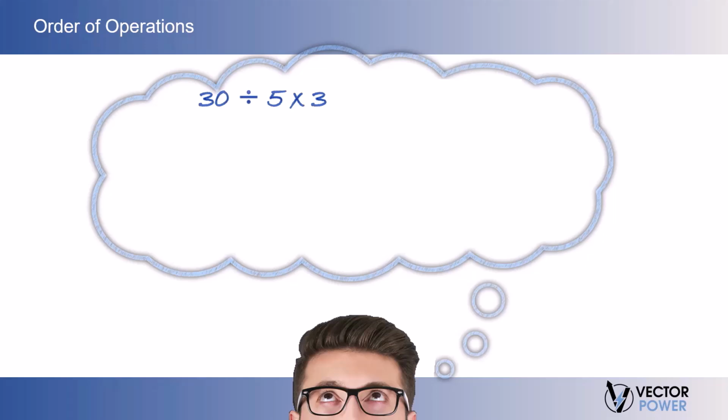Division and multiplication, we work from left to right. So, starting with this problem, we would work from left to right. 30 divided by 5 would give us 6 times 3, which would equal 18. The correct answer.